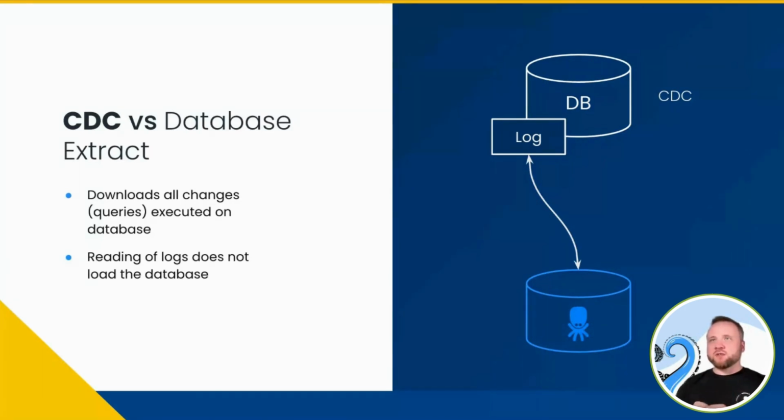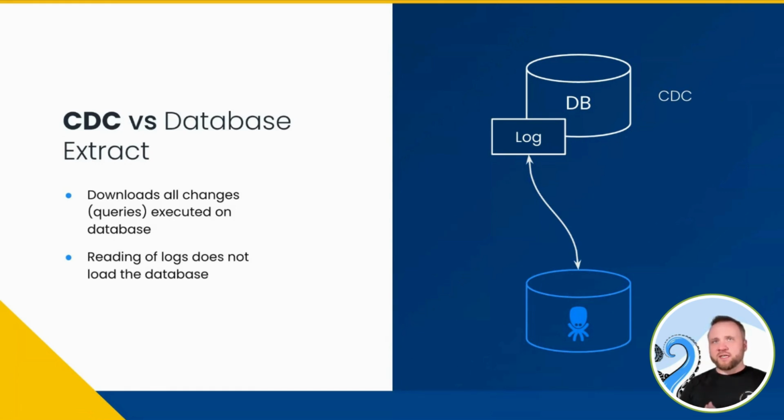First one, you are not utilizing the CPU on the database because you are not running any query. You are just downloading the log file, which is basically a file. As far as this log contains all the deletes and updates, you are also reading all that information. So now you are aware that someone deleted a row or updated a row or changed the schema.